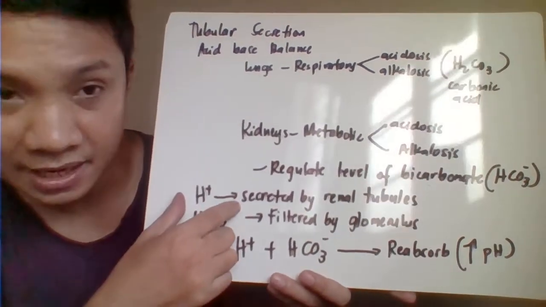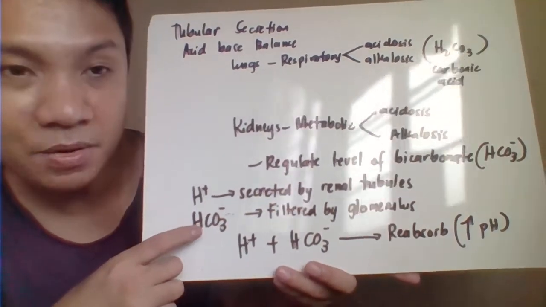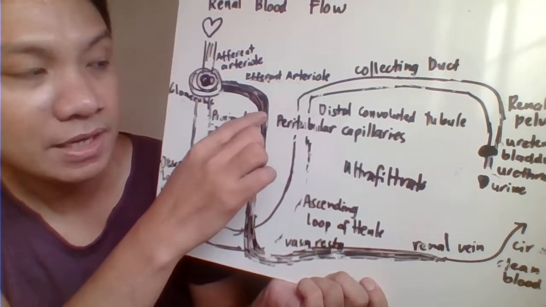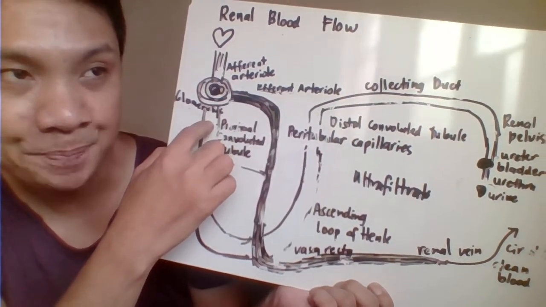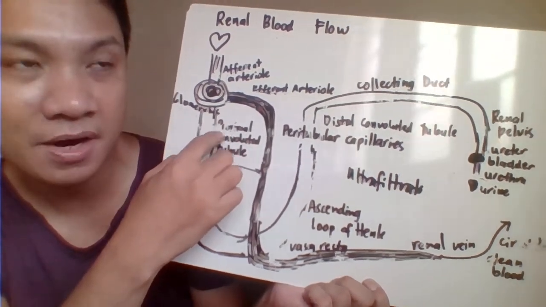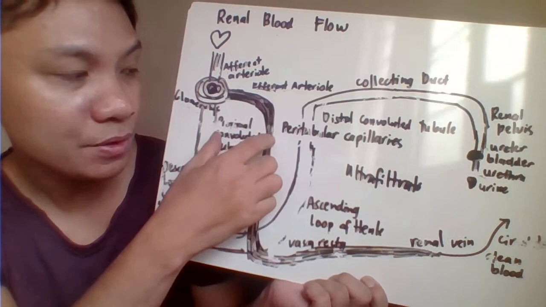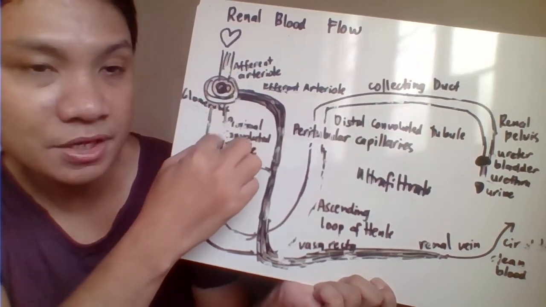Okay, your kidney tries to secrete hydrogen ions, whereas your bicarbonate is filtered by the glomerulus. So, dito ang hydrogen ions natin, secreted by the renal tubules from this part, papunta dito. Tapos ang bicarbonate natin being filtered here.